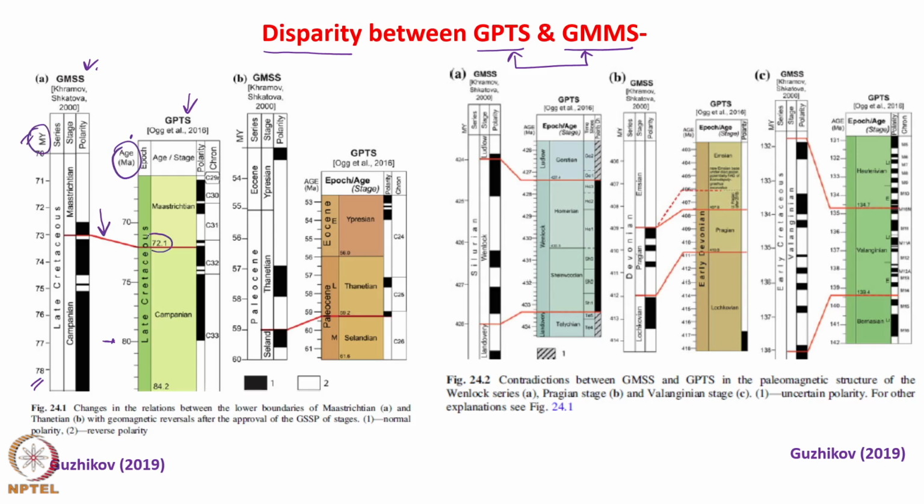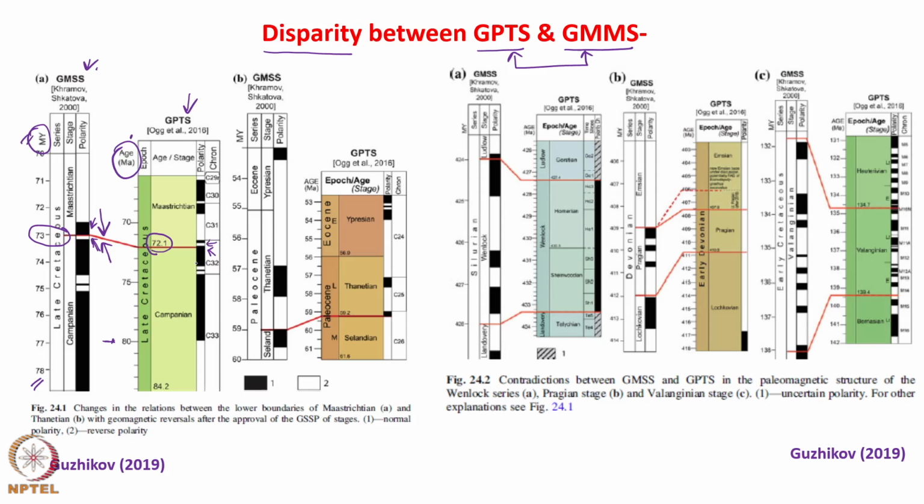This is at 72.1 million years, whereas here it has been linked with almost 73 million years. This creates a trouble. This line actually demarcates the contact between the white rectangle and the black rectangle, that means the contact between the reverse polarity zone at the bottom and the normal polarity zone at the top. Here what happens? The bottom is a normal polarity zone and the top is a reverse polarity zone. So, these are the problems.